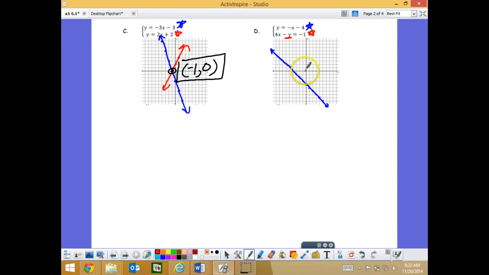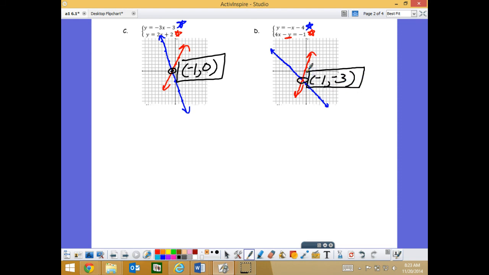So our x-intercept is -1/4, and our y-intercept is 1. So the slope of that line would be 4. And that point of intersection is the point -1, -3.